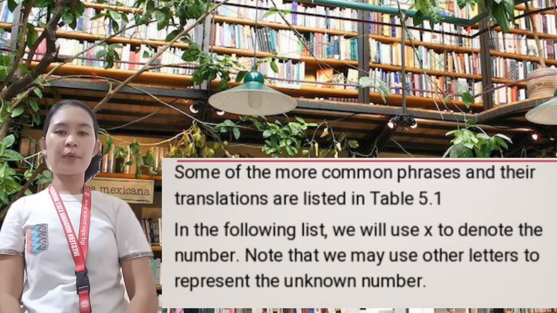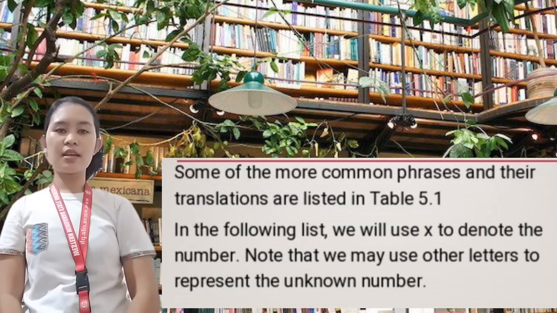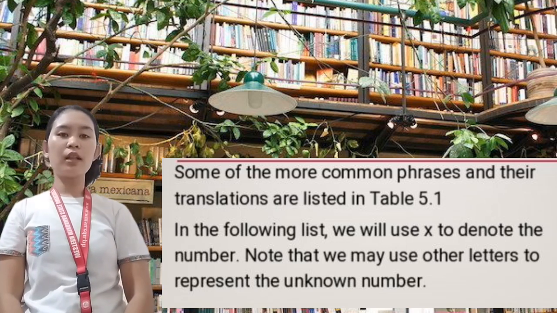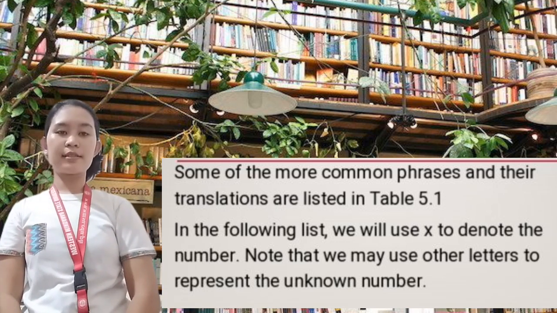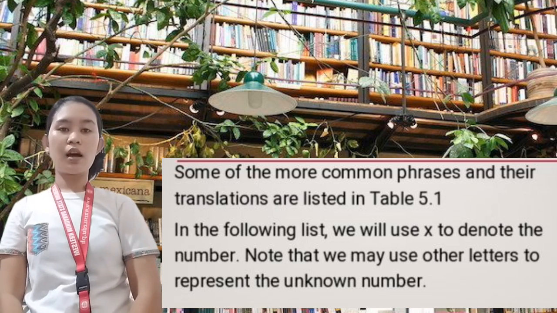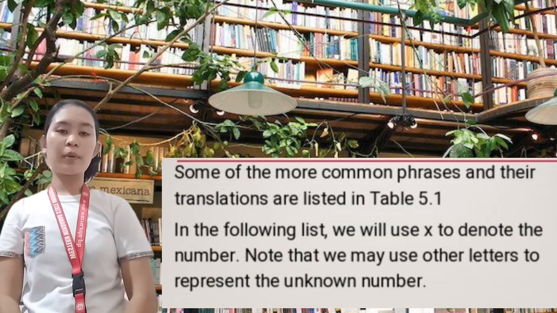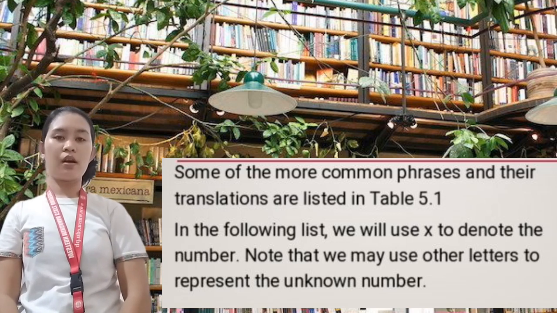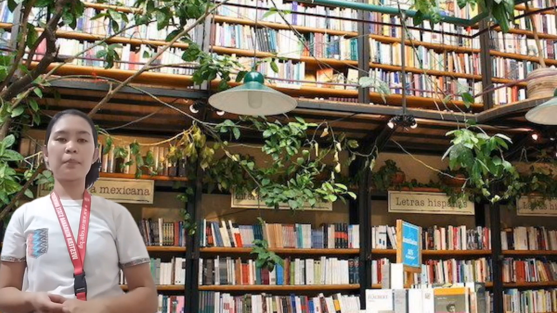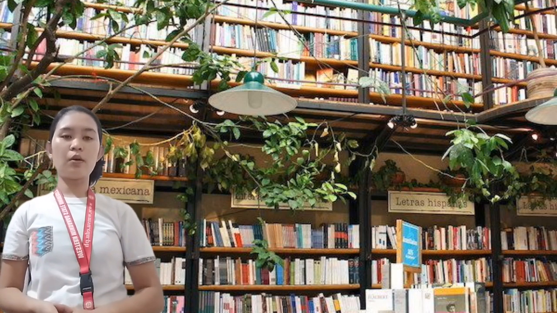Some of the more common phrases under translating are listed in Table 5.1. In the following list, we will use x to denote the number. Note that we may use other letters, any letters of the English alphabet, to represent the unknown number.